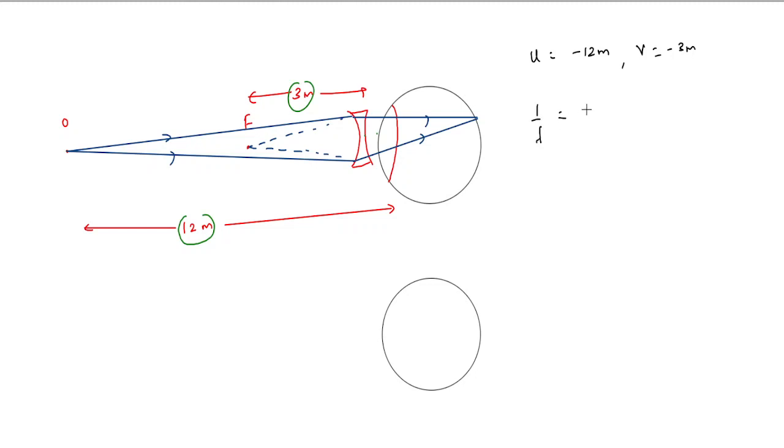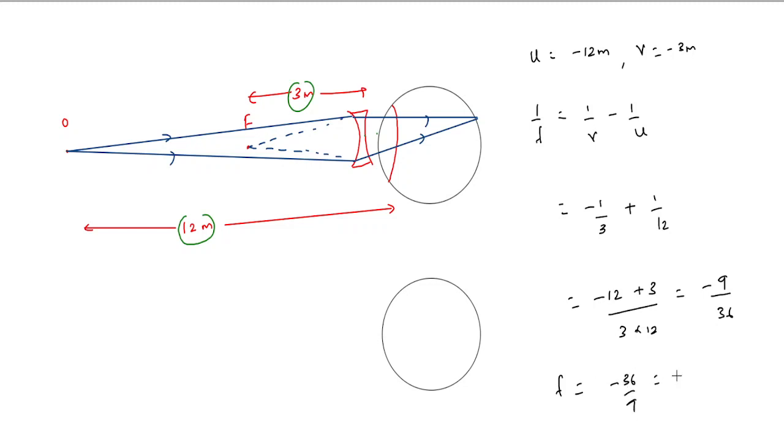1 by f is equal to 1 by v minus 1 by u, that is equal to minus of 1 by 12 minus of minus 1 by 3, that is equal to minus 1 by 12 plus 1 by 3, that will be (minus 12 plus 3) by (3 into 12), that is minus 9 by 36, or f is equal to minus 36 by 9, that is minus 4.